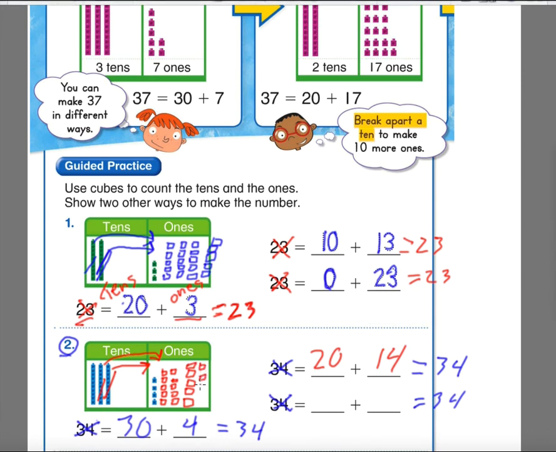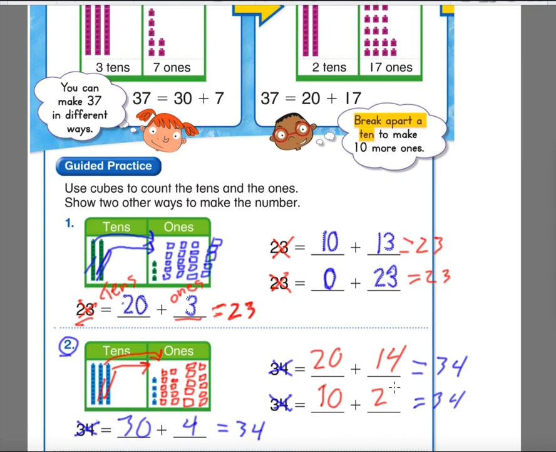So now we can count by tens on this side and just say 10. We stop. So for this side of the plus sign, we're going to have just 10. And how many ones do we have? Well, we have 24.